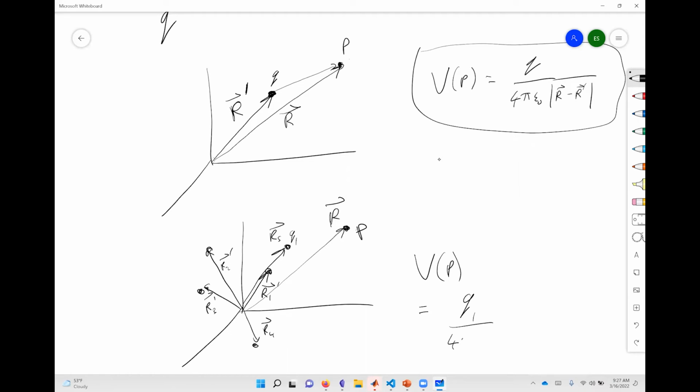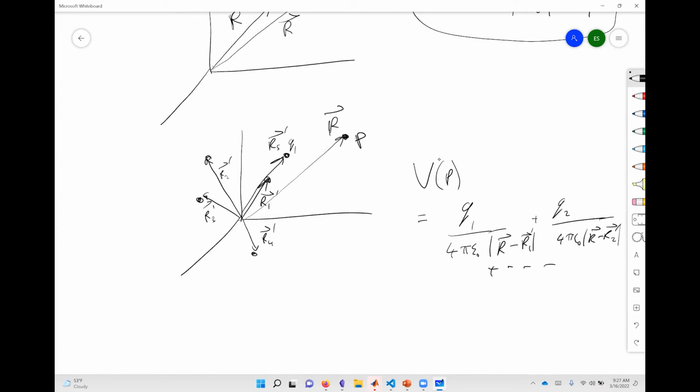It's going to be Q1 over 4 pi epsilon naught magnitude R minus R1 prime, plus Q2 over 4 pi epsilon naught magnitude R minus R2 prime. Remember the prime. It's always convention to use prime when you're dealing with sources, right? Dot, dot, dot.